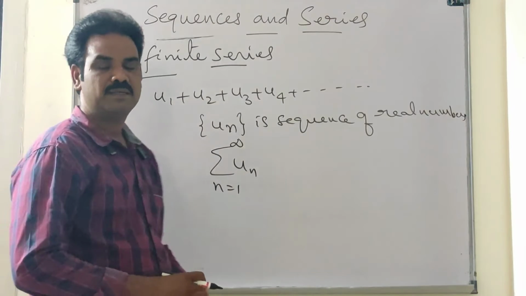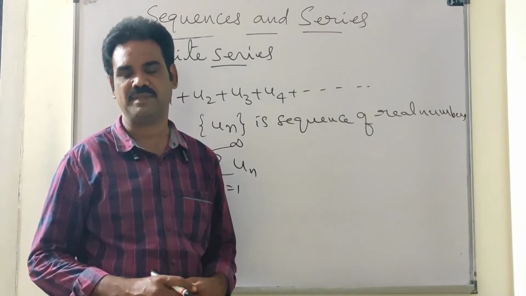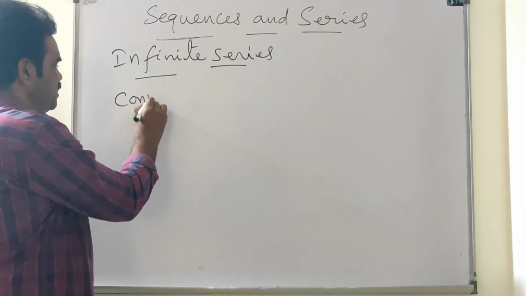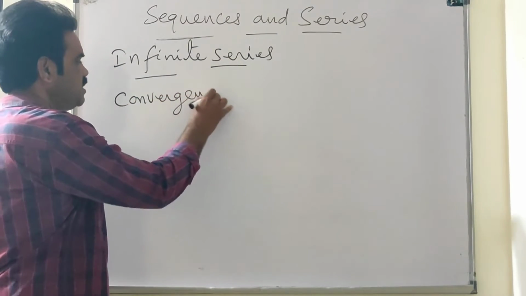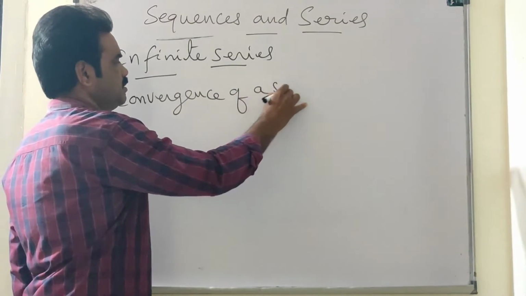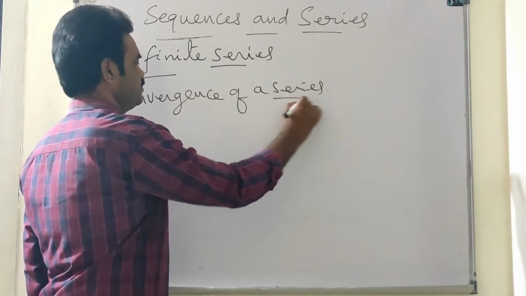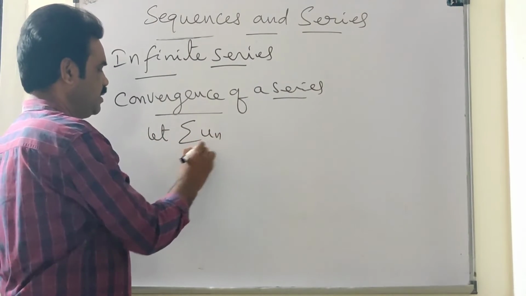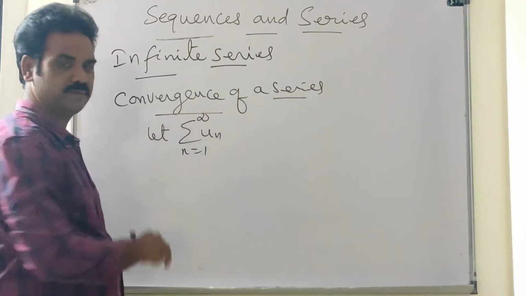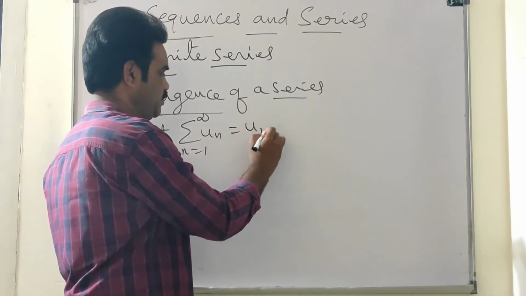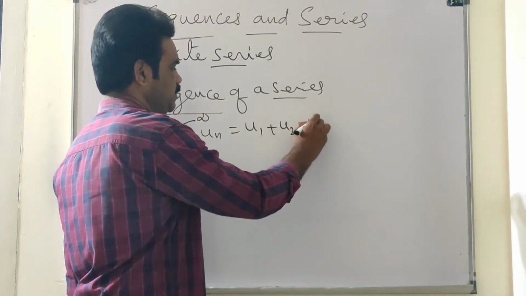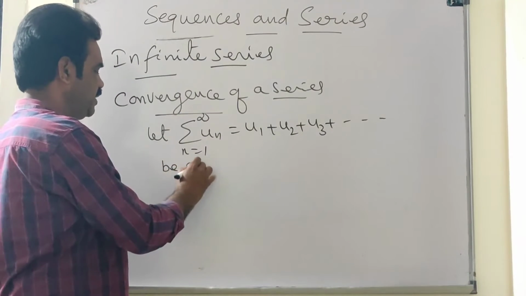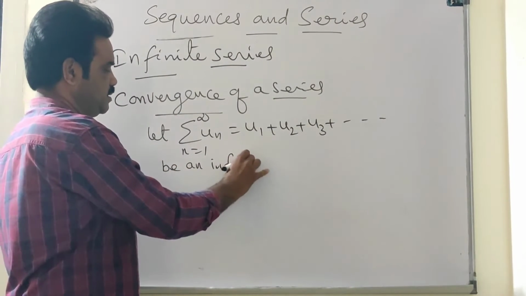Now, when is the series convergent or when is the series divergent? Convergence of a series. Let sigma un, n is 1 to infinity, that means u1 plus u2 plus u3 plus and so on, be an infinite series.